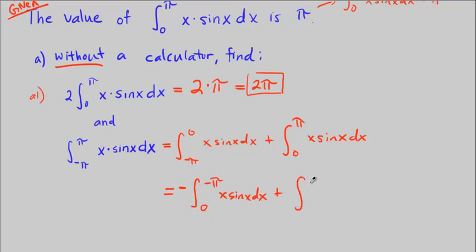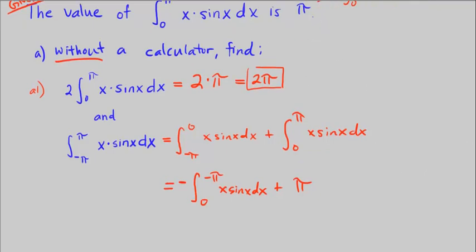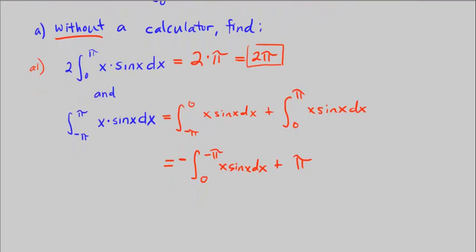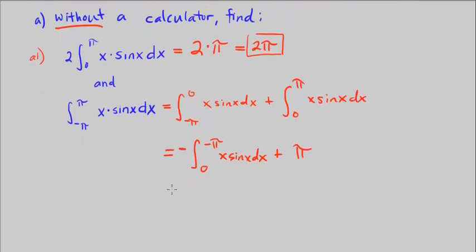So then I'm not going to even rewrite this. I'm just going to call this pi. It's no longer in the integral. We know this evaluates to pi because that's what we're given. And then what we know now is this is equal to negative. And if we were to evaluate this, now we're going from 0 to negative pi instead of from 0 to positive pi.